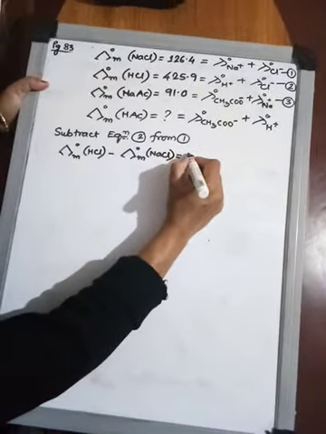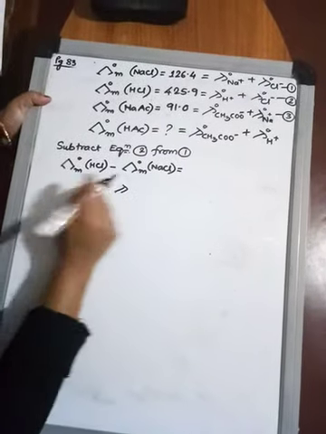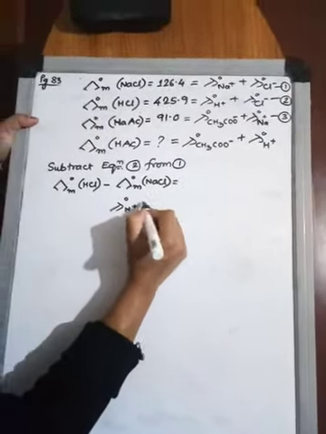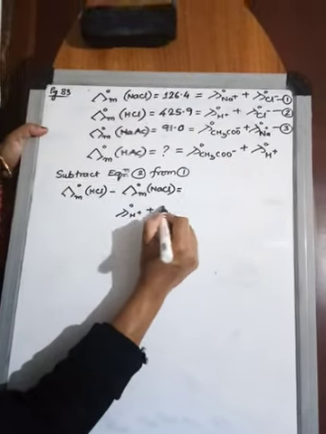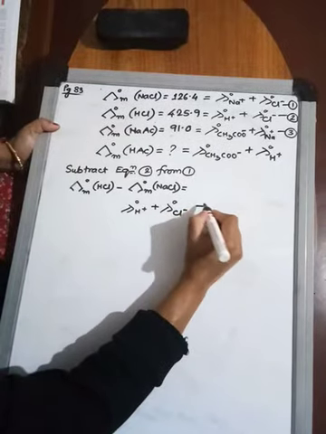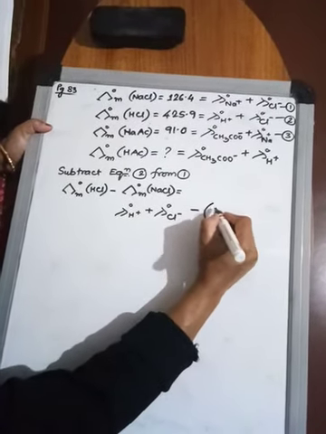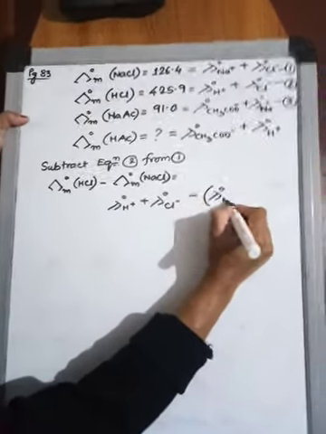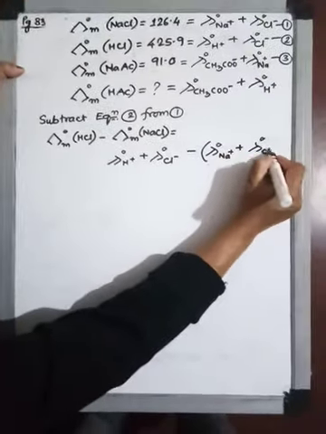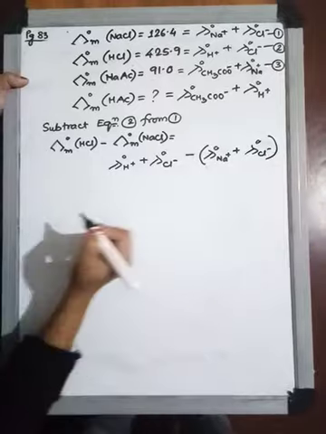So let us write it below. HCl portion is lambda 0 H plus lambda 0 Cl minus, minus, we'll have to put a bracket, lambda 0 Na plus lambda 0 Cl minus. So this is what we get.